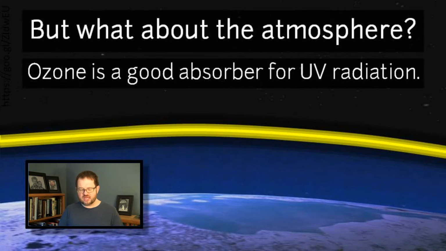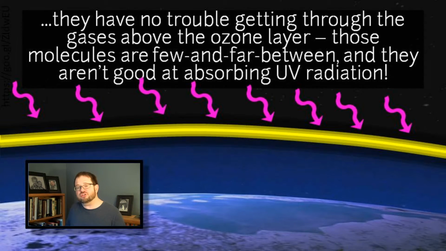When photons of ultraviolet radiation come from the sun and start encountering the Earth's atmosphere, way up high, 50, 75, 100 kilometers up, those molecules are generally not ozone. They're generally not gases that are very good at absorbing ultraviolet radiation. Their monochromatic absorptivity for the wavelengths associated with ultraviolet radiation is not that high. Let's say 0.2.